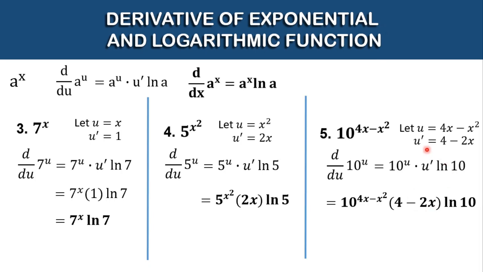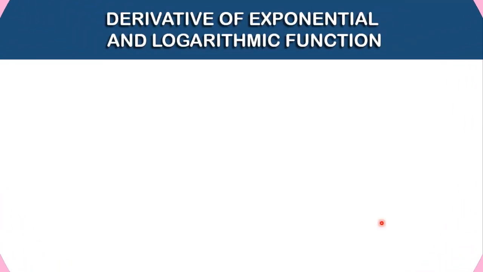This is our u prime, or the derivative of u, times ln 10. So kagaya ng number 4 natin, yung sagot natin sa number 5 ay ito na dahil hindi na natin siya masisimplify pa. Now, let's proceed to our example number 6.